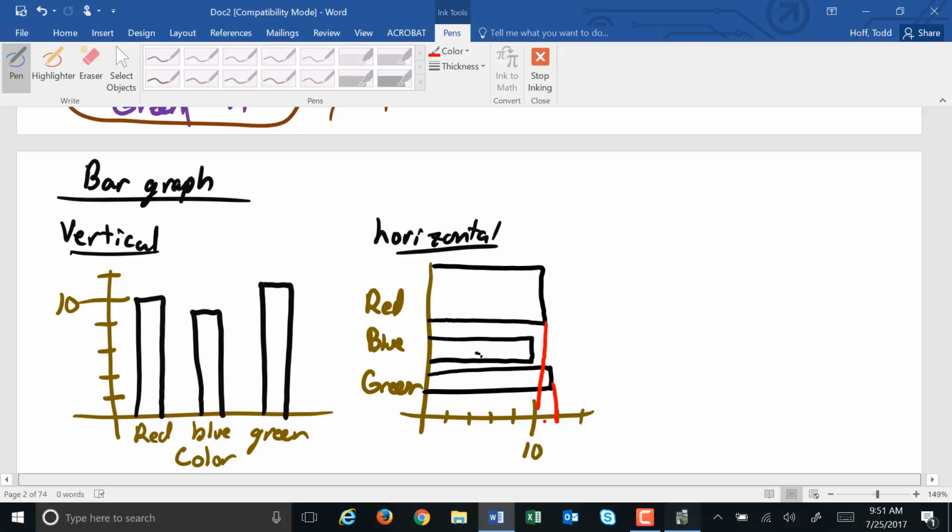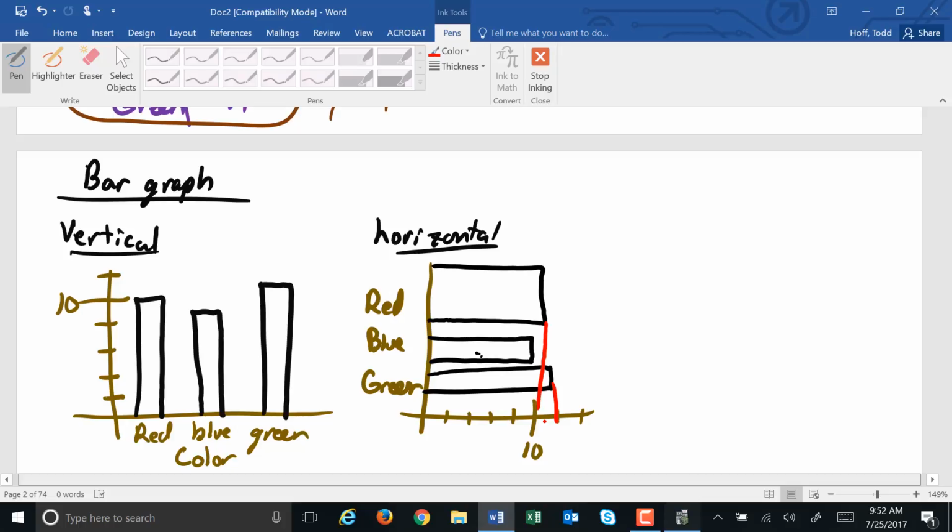Notice I also avoided the colors red, blue, and green here. I purposely did all of them in the same color. All the bars are black, all the words are written in brown, because that's another thing that can be used.